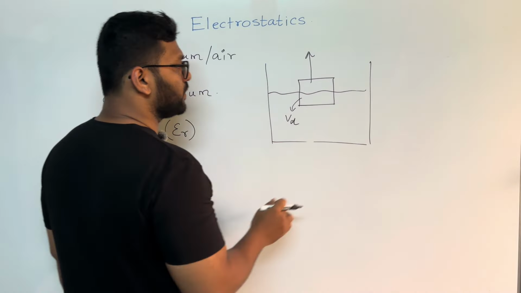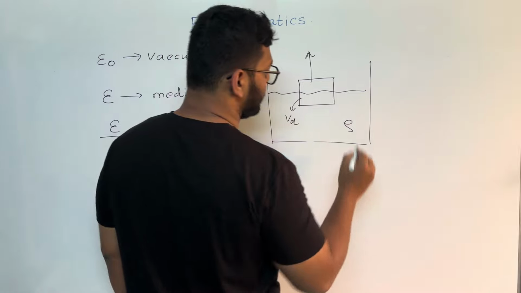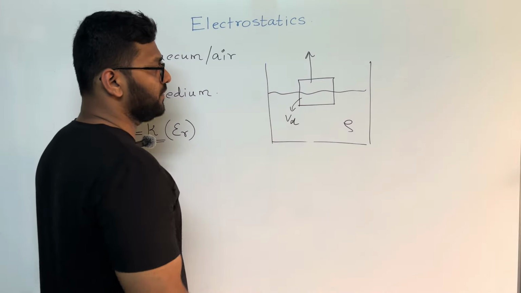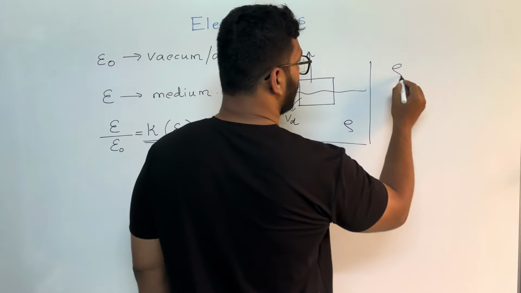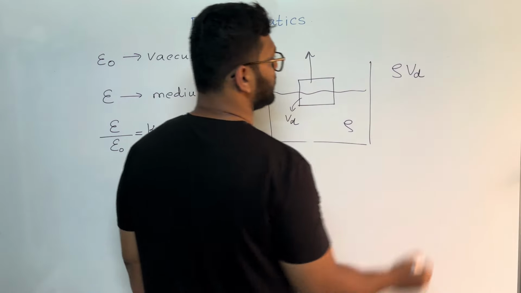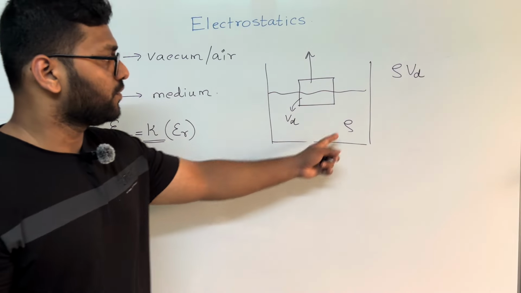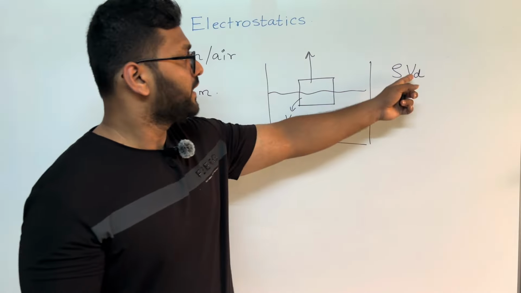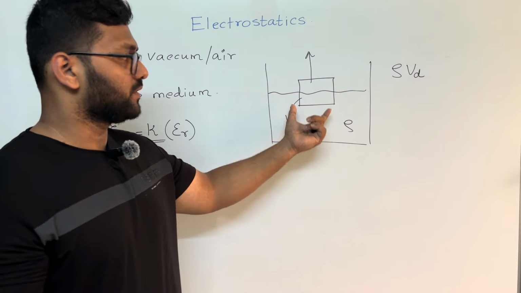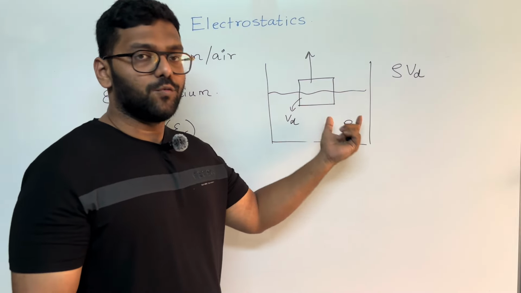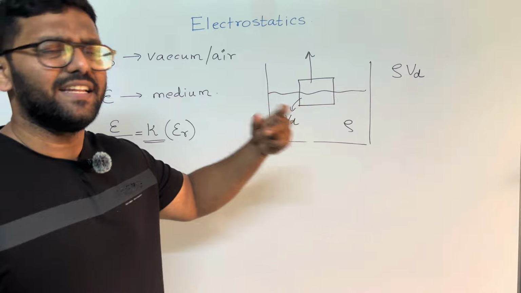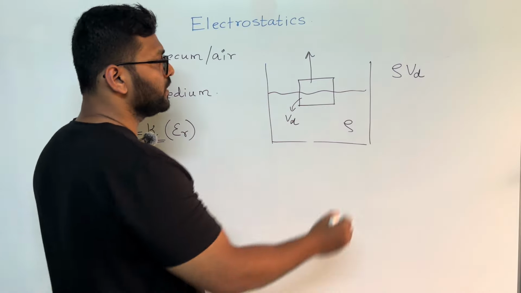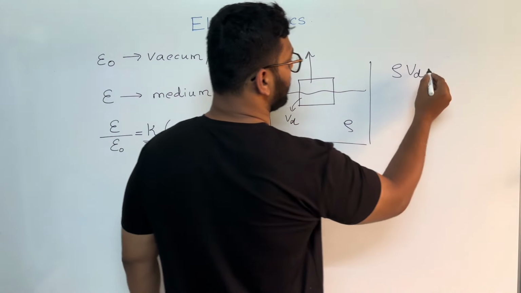What is the weight of the water displaced? The water has the density rho. Volume displaced is Vd. So of course the mass of the water which is displaced is rho into Vd, because rho is the density of the water, Vd is the volume displaced. This can be anything. It can be water, honey, oil, or whatever liquid. So rho Vd, now multiply it with g.